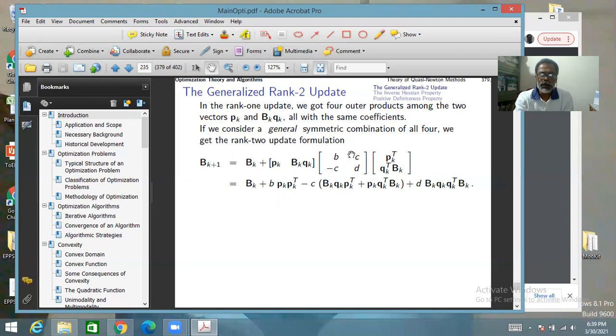Since this is 2 by 2 with two separate vectors and their transposes, this is a rank 2 update.